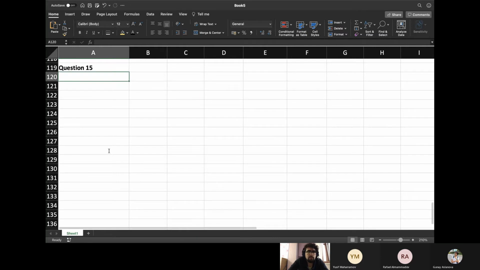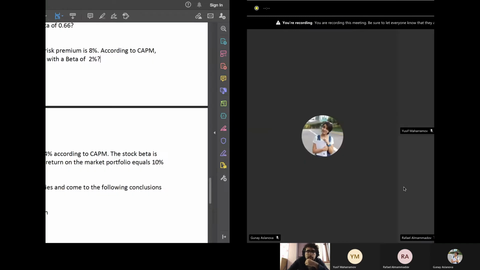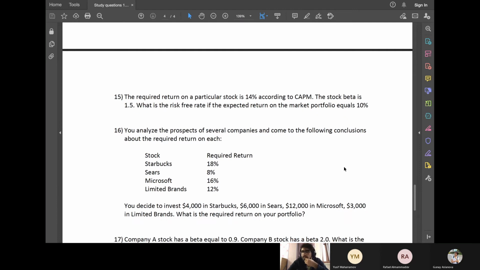Question 15. The required return on a particular stock is 14% according to CAPM. The stock beta is 1.5. What is the risk-free rate if the expected return on the market portfolio equals 10%?